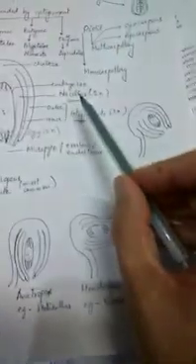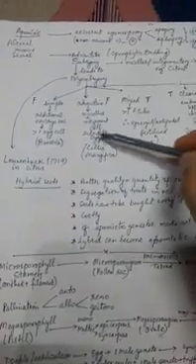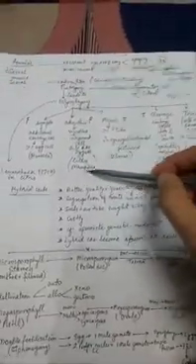An example is Brassicaceae or Brassica mustard. What is adventive polyembryony? When a cell of the nucellus or a cell of the integument develops into a new individual because it starts acting like a zygote, the reason being it is already diploid. Example, citrus. Citrus means lemon, vitamin C rich fruits, or otherwise mango.